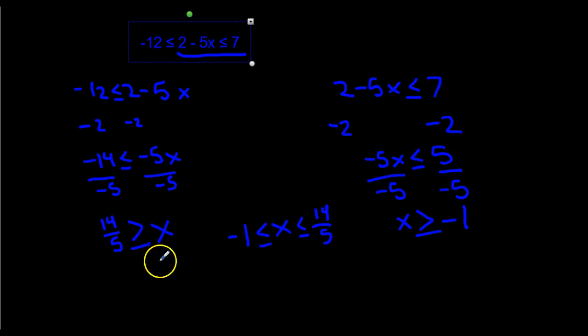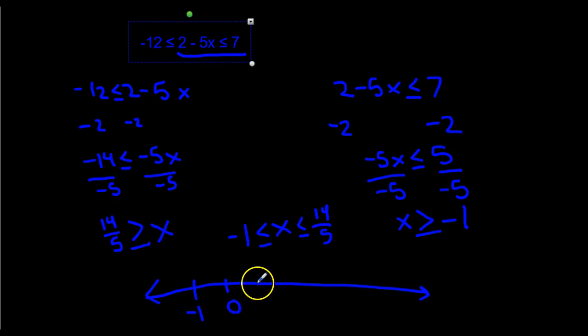So let's do it on a number line real quick, just like last time. So let's say over here we got -1, maybe we got 0, we got 1, 2, 3, and 14 fifths is 2 and 4 fifths, right? So we'll put that right there, 14 fifths.